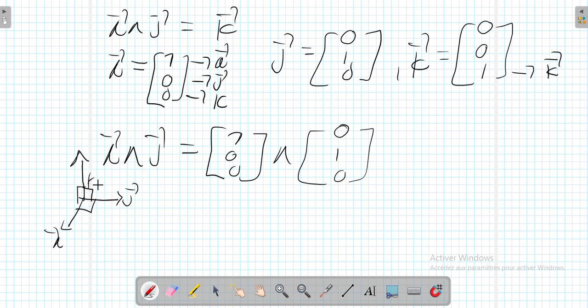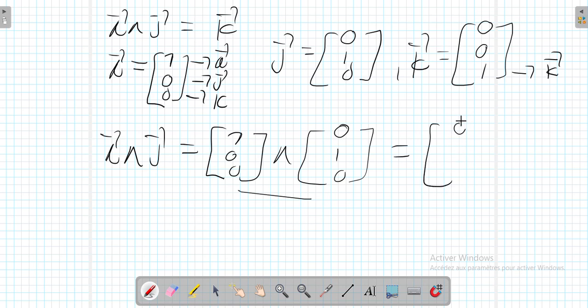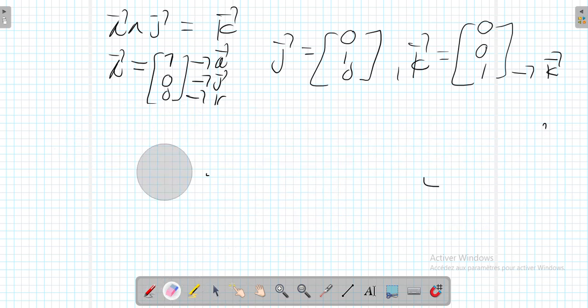So in short, it has to give us K. We're trying to demonstrate that it will give us K, that is, the vector 0, 0, 1. This is just a demonstration on the vector product so that you fully understand how you carry it out. Everything that I'm teaching you now is mécanique du point.